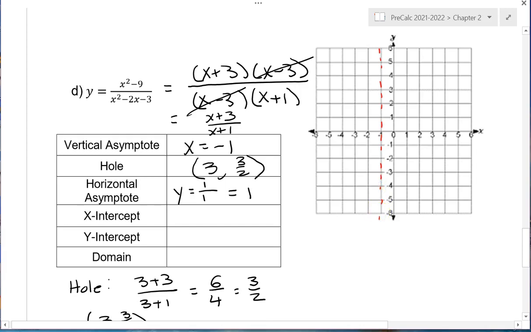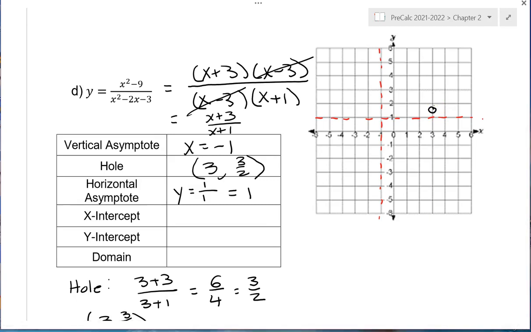And y equals 1. And then I have a hole at 3, 3 halves. So 3, 1 1/2. There's my hole. Oh, I missed. Let me try it again. There, that's better. I've got the hole right there.